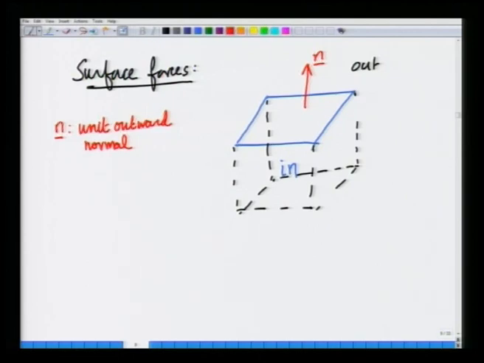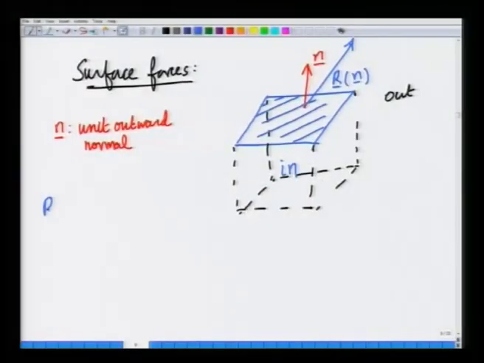Now, consider the force exerted by the fluid that is present outside on the fluid that is present inside, on this surface. This force, which we will call R, can point in general in any direction. R is a function of the surface on which we are focusing, that is the top surface. So, it is a function of the unit outward normal, but the direction of this force need not always be in the direction of n, it can be in any arbitrary direction.